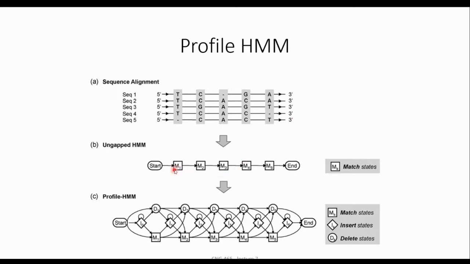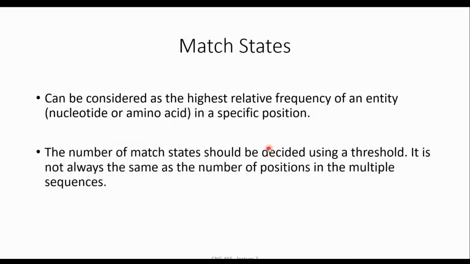When we talk about match states in HMM, we are talking about the conserved regions. After that, in order to complete the profile HMM, we need to add insert states and delete states. They are related to the mutations that I told you about, like deletion or insertion, and we can talk about these things in detail when we see the example.